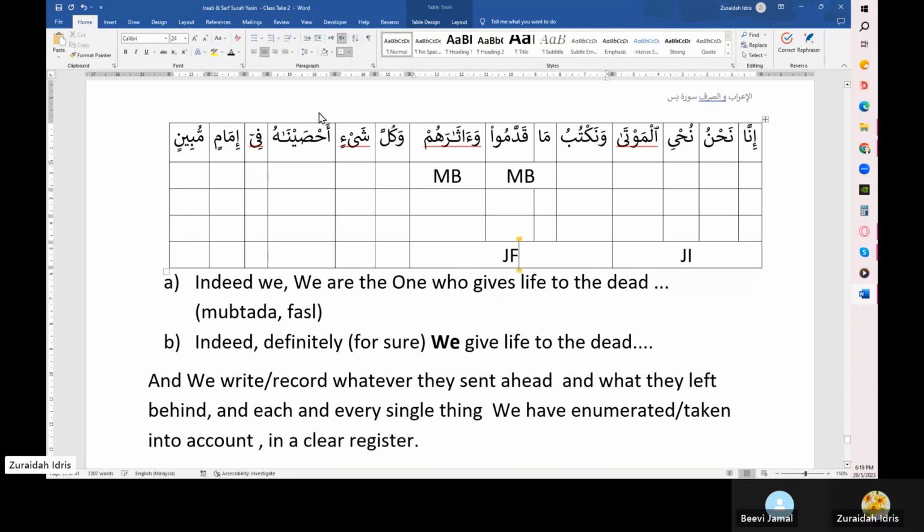And lastly, what is this? Okay. So we'll finish here. Is it jumla ismiyah or fi'iliyah here? This is fi'iliyah because ahsaynahu is coming here.